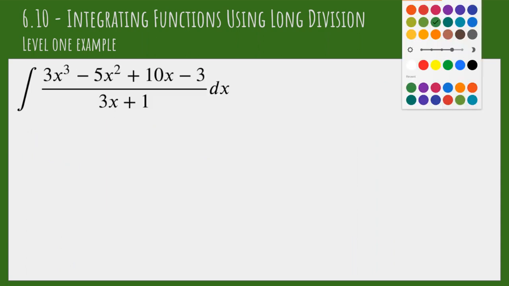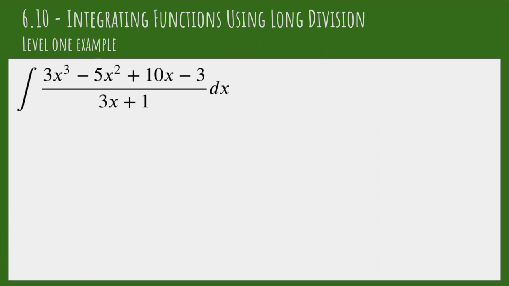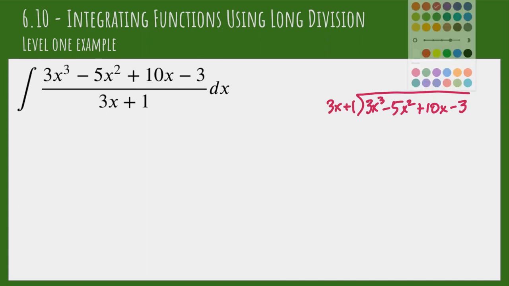Okay, same thing here. We're going to do long division. So we've got 3x cubed minus 5x squared plus 10x minus 3, all of that divided by 3x plus 1.